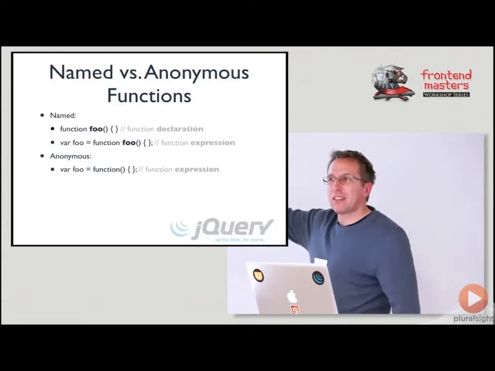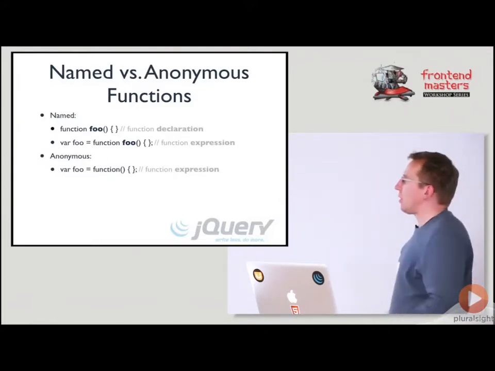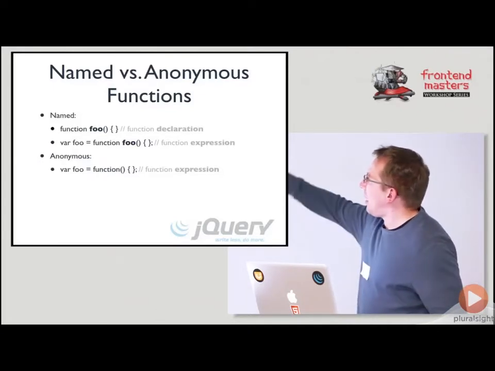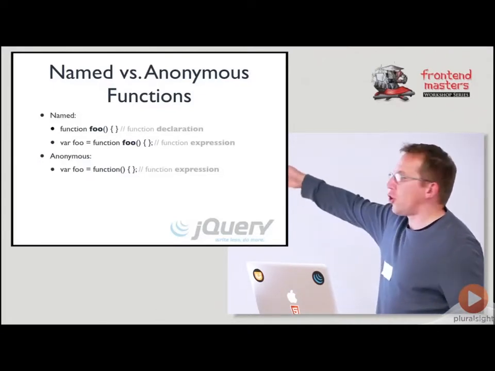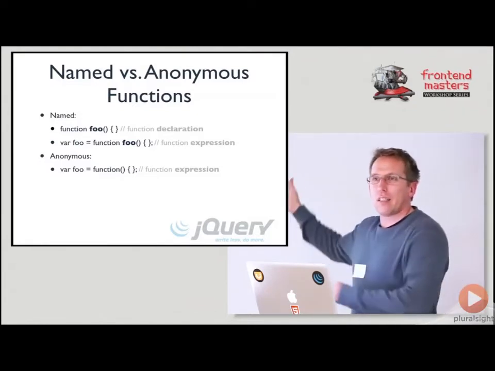But the function itself has no name. There's nothing that comes after the keyword function. We're just assigning a variable to this function. And obviously, in each case, we're not doing anything in the function, so it's not going to return anything. But that's just for the demo.